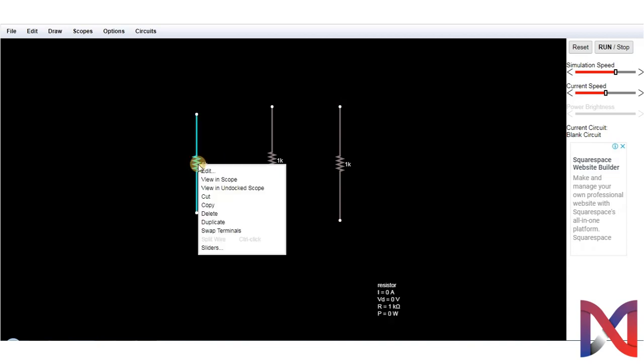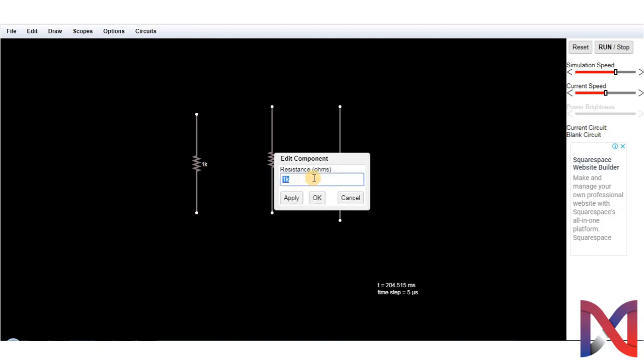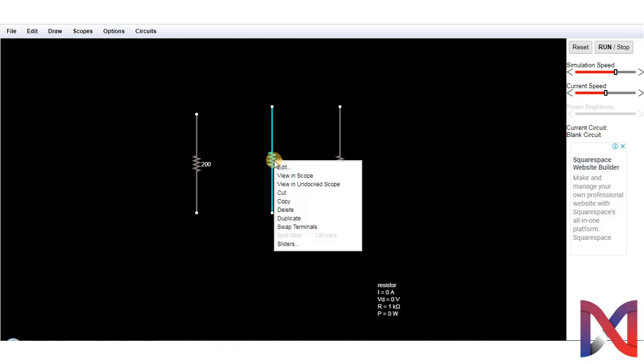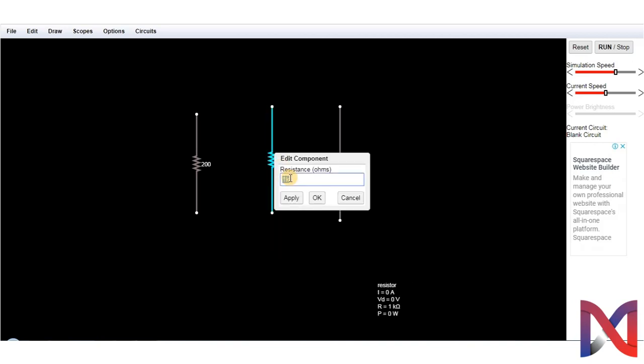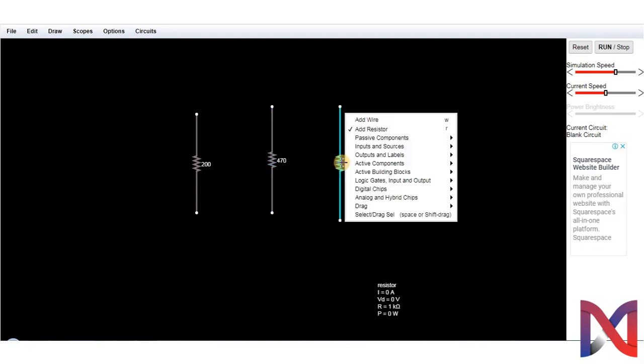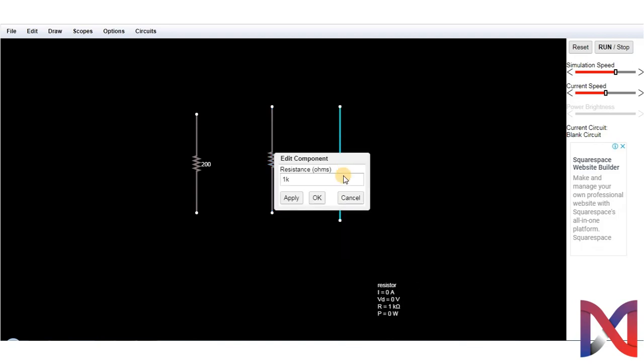Change its values. Our first resistor was of 200 ohm. Second resistor was of 470 ohm. And third resistor was of 220 ohm.